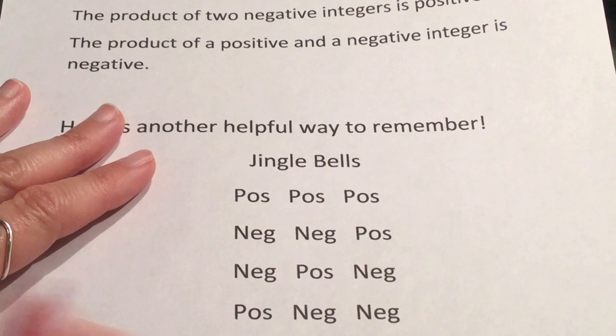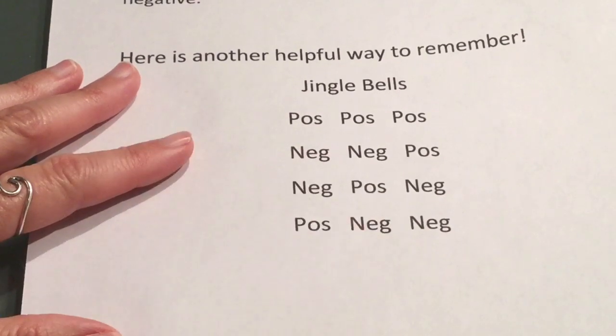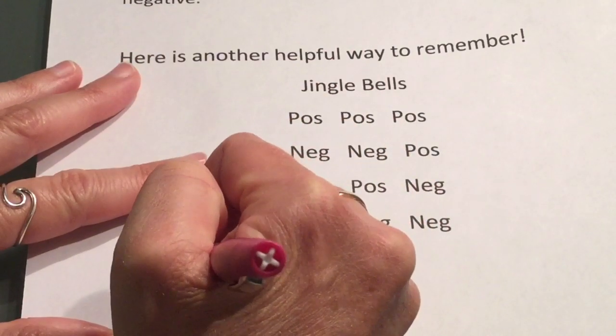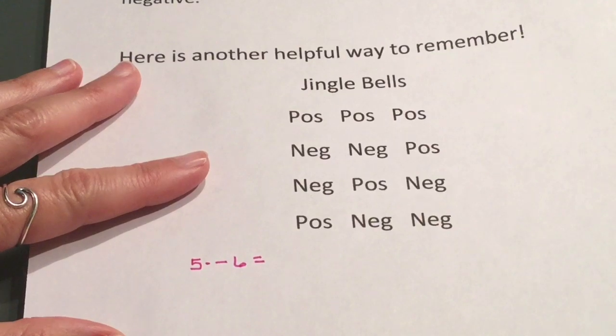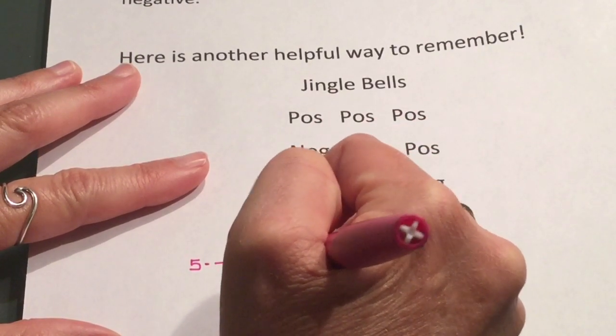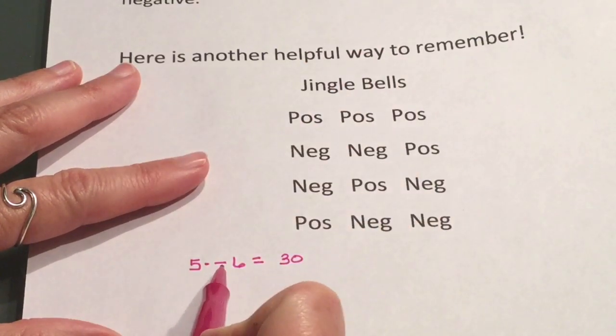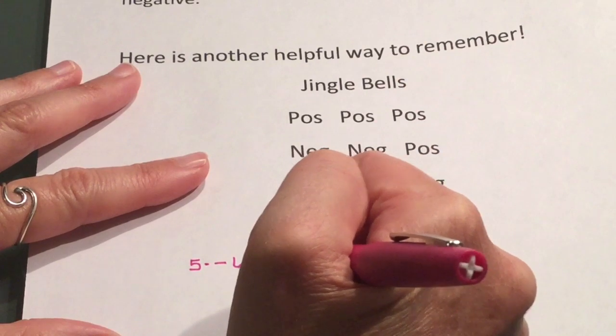Okay, so let's try using that on just a couple examples here. Let's say that I have 5 times negative 6. Okay, well, I know that 5 times 6 is 30, and then I have a positive times a negative. Pos, neg, neg. Or I can use the rules.